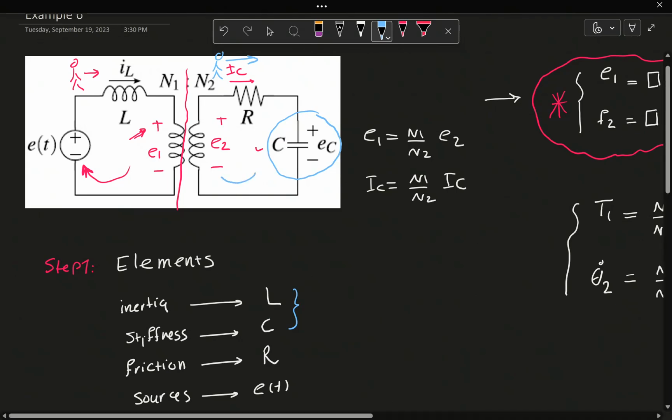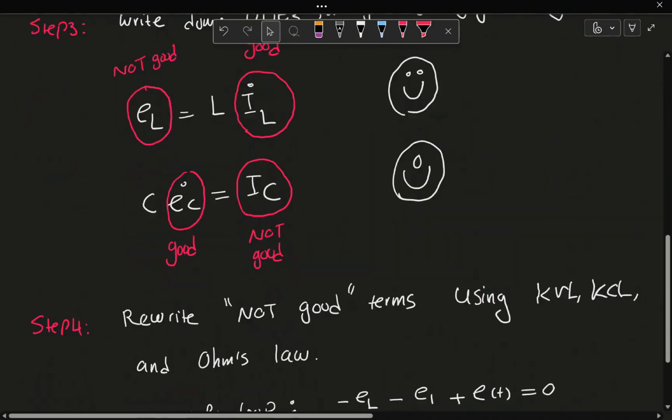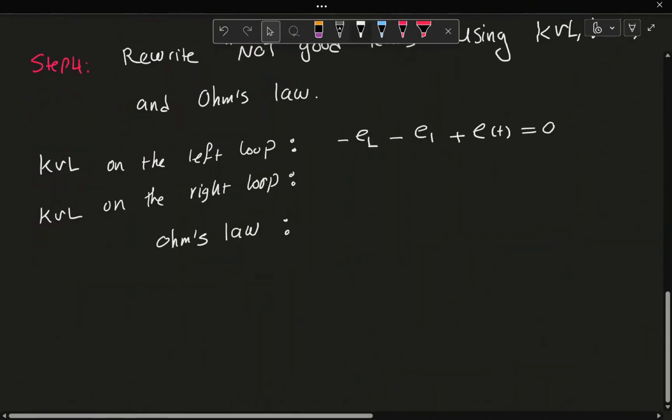And when you get to the second coil, you see that you hit the negative polarity first, the voltage rises. Okay, so it's going to be negative ER, negative EC, plus E2 equal to 0.